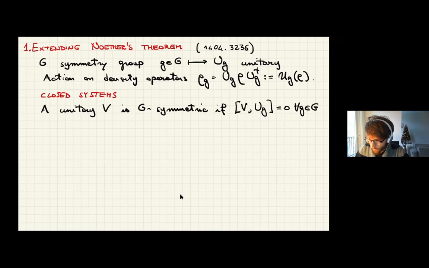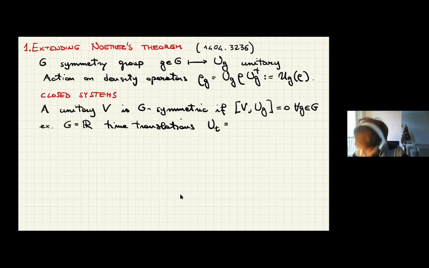Okay. So an example, maybe the simplest example, is that G is a U(1) group, or maybe G is R, it's just translations in time. So then your U_t, which is representing how you translate a quantum state in time, is just going to have this kind of form. So you've got the Hamiltonian of the system, so e to the minus i H_S t.